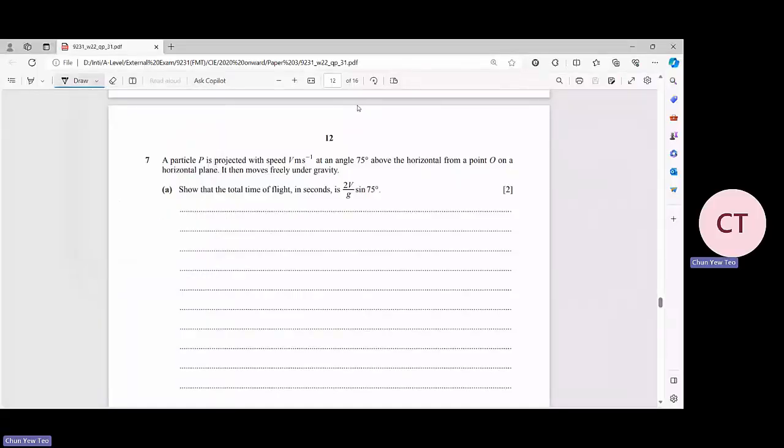A particle P is projected with speed v meter per second at an angle 75 degrees above the horizontal from a point O on the horizontal plane. It then moves freely under gravity. Show that the total time of flight in second is 2v/g multiplied by sine 75 degrees.